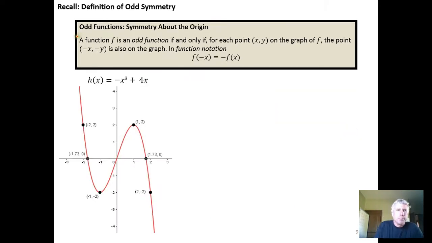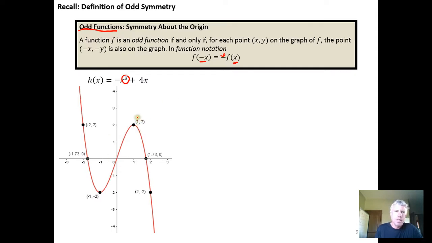Odd symmetry occurs when we plug in the opposite of x and get the opposite of what we get when we plug in x. Cubing functions are usually the first place where we're exposed to odd symmetry. You can think of it as rotational symmetry, so if you rotate by 180 degrees, points will match up, or as a reflection through the origin, which is equivalent to a 180-degree rotation.